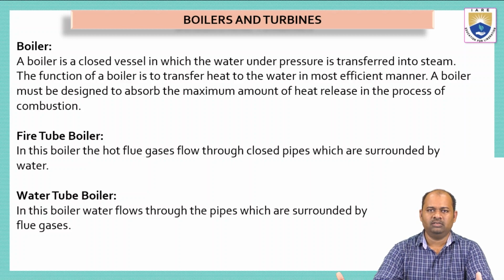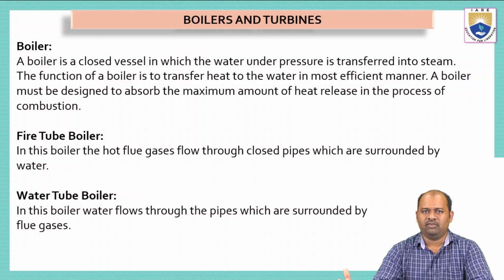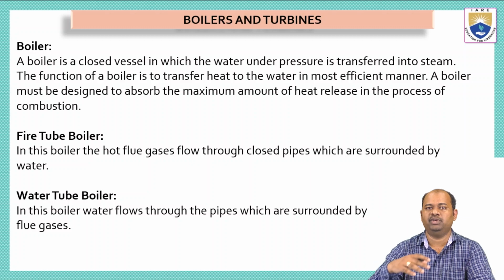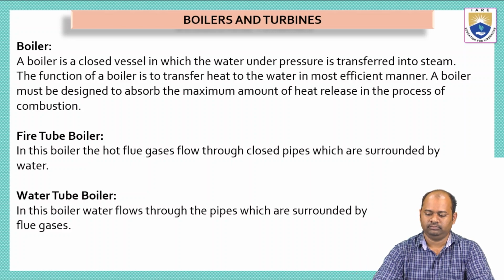We can do this by simply putting a jar of water on a stove. But if we want to heat the water in a more efficient manner, we have to use a boiler. The boiler should be designed in such a way that it will take the entire amount of heat to be supplied to the water for boiling.